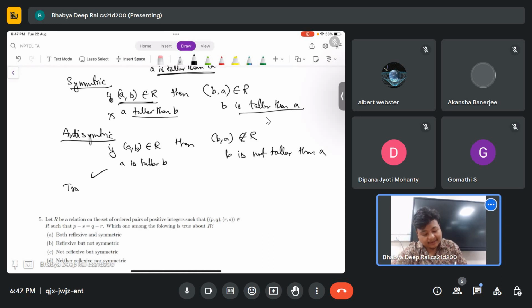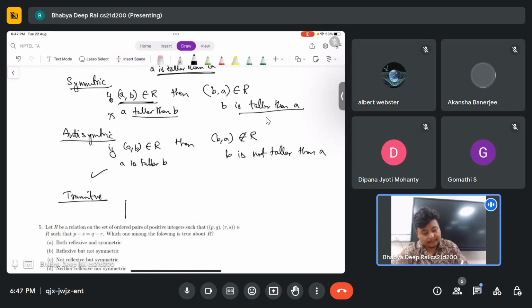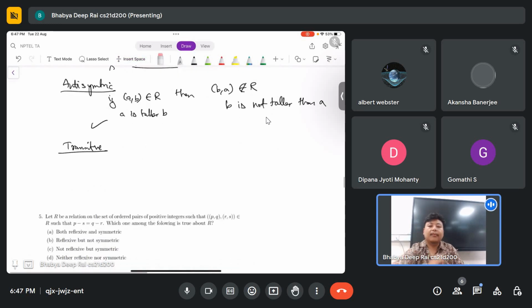Finally, transitivity. Okay, what does transitivity say?